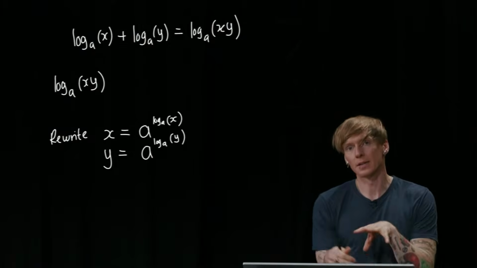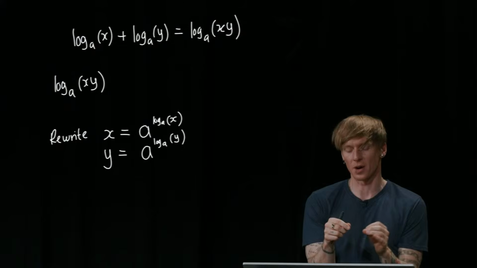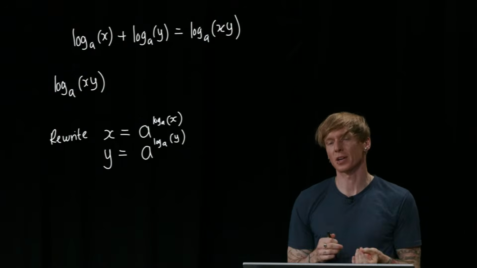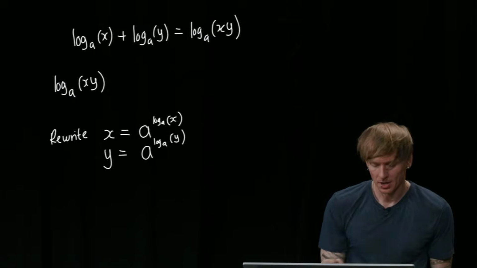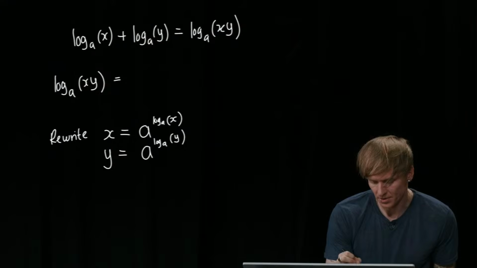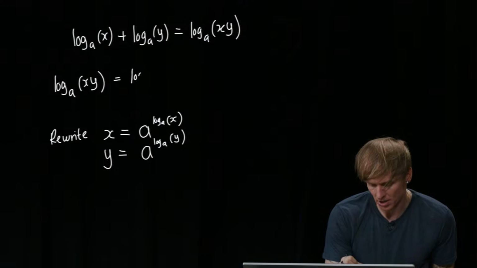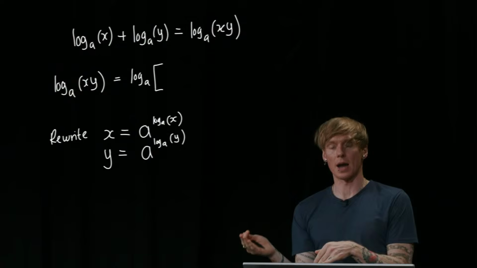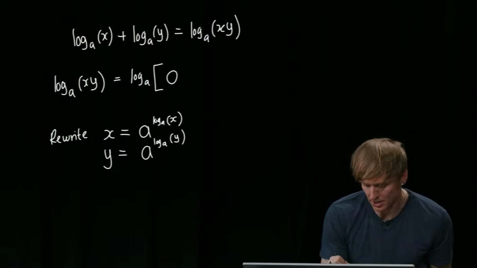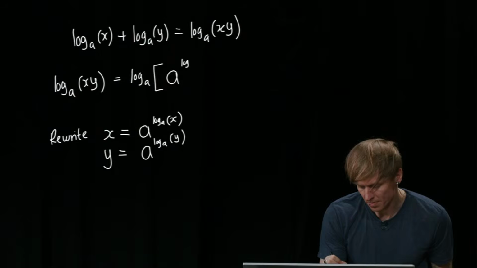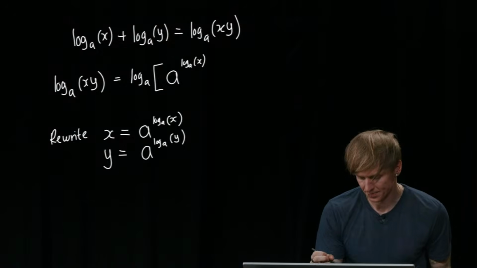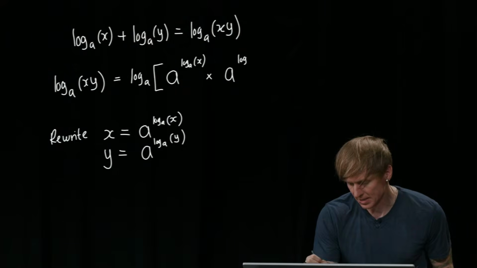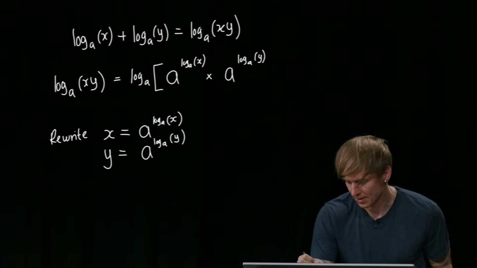Now, using these alternative ways of writing x and y, we can turn the problem involving logs into an expression about powers. So when we now substitute those into our expression, this is log base a of, it was previously x times y, but now we've replaced x with a to the log base a of x multiplied by a to the log base a of y.